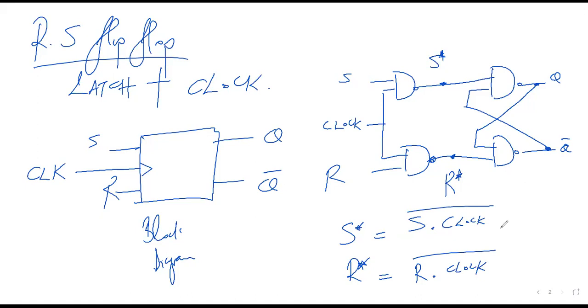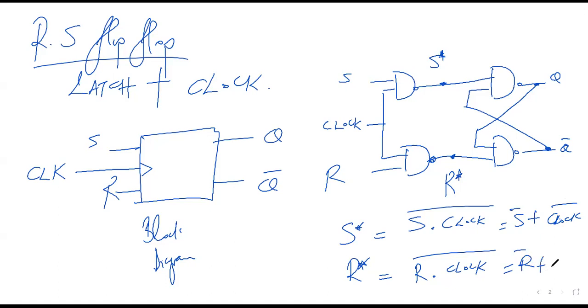De Morgan's theorem. What is S star? S star is equal to S bar plus clock bar.